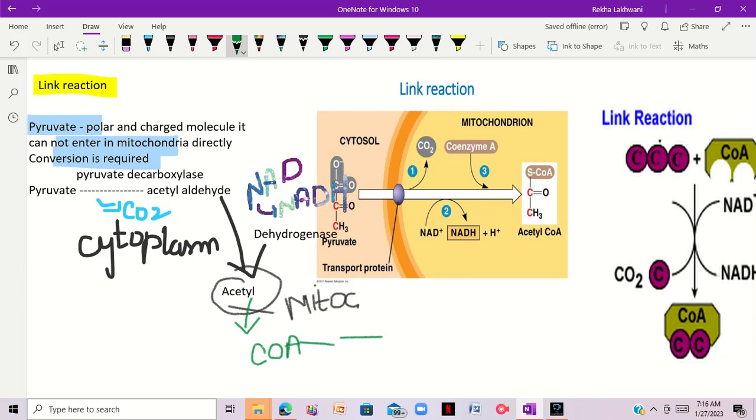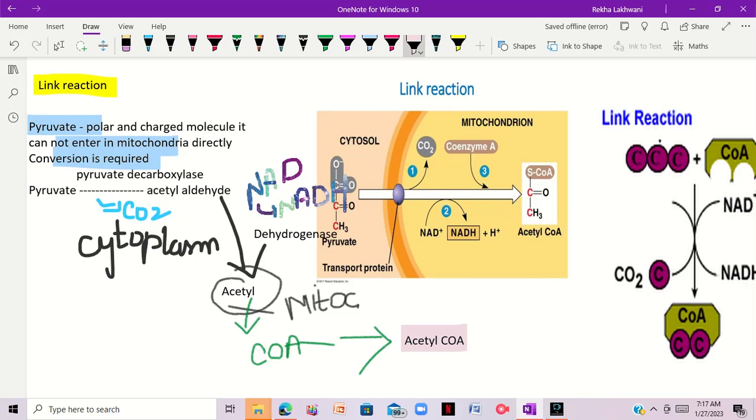And then it will form acetyl coenzyme A. So acetyl coenzyme A will be formed in the mitochondria, like in the inner membrane of the mitochondria.